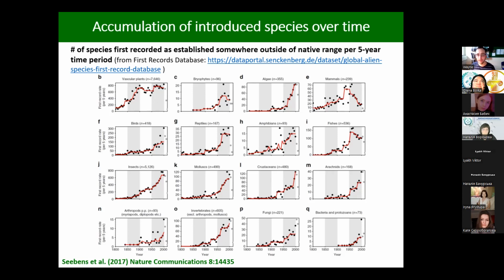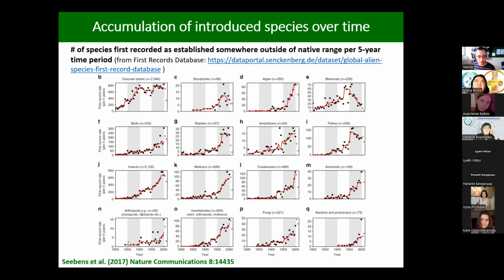The rate is still increasing for a lot of taxa. So if we look at, for example, invertebrates down here, bottom left, bottom row, second from the left, we can see that we're increasing the rate at which we're recording introduced invertebrates over time.